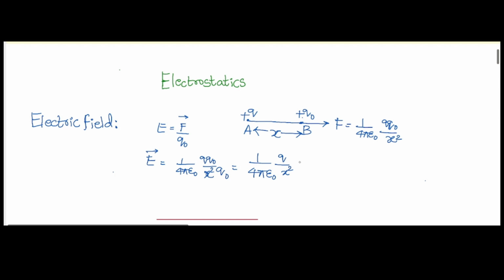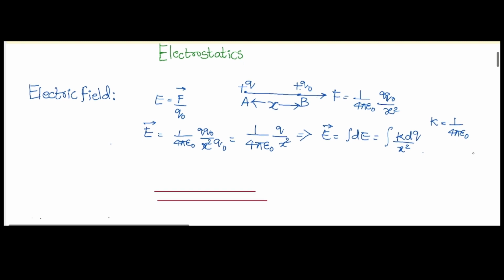So here E is equal to integration of dE, which is K into dQ by x square. Here K is equal to 1 by 4 pi epsilon naught.